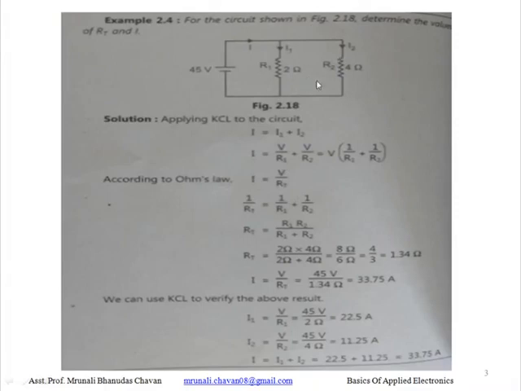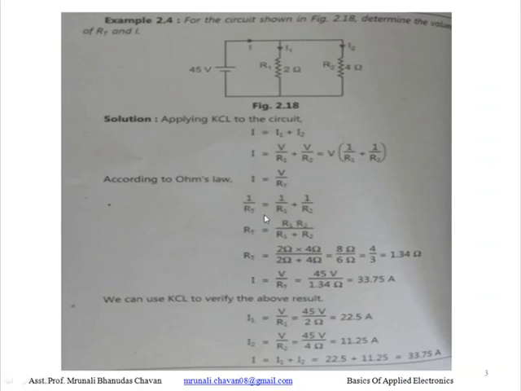Here two resistors are given, R1 and R2, and these two are connected in parallel. So we had previously calculated how to find the parallel resistance, and if we apply that rule here, then we get the equation for RT as 1 upon RT is equal to 1 upon R1 plus 1 upon R2.